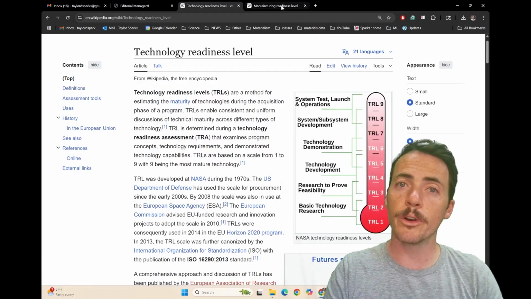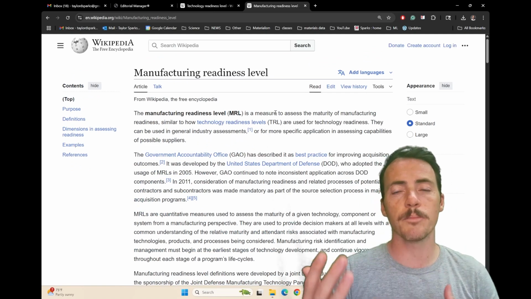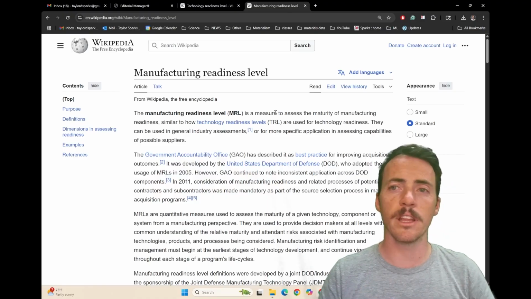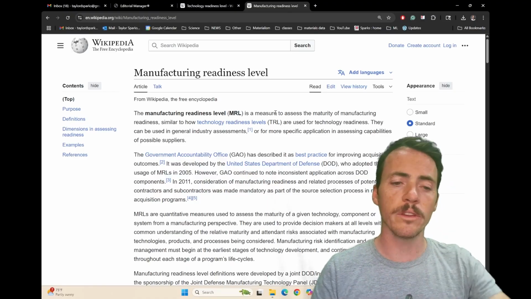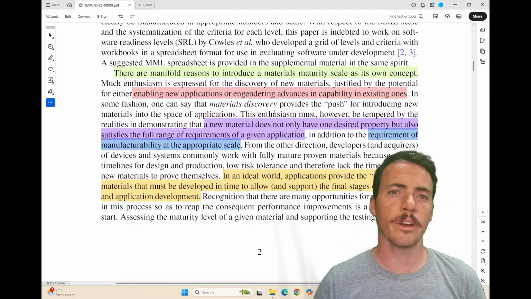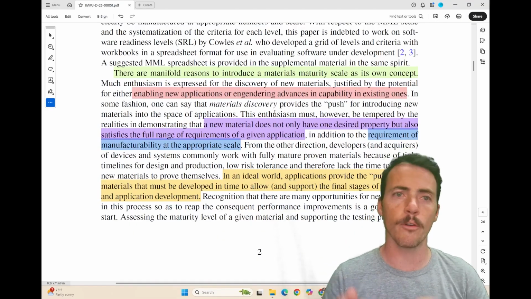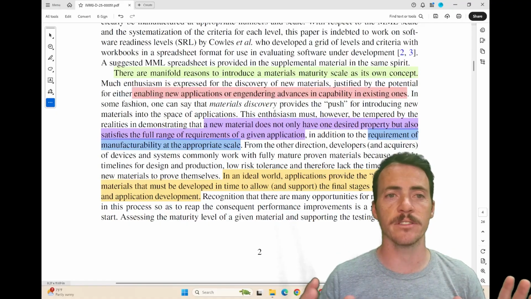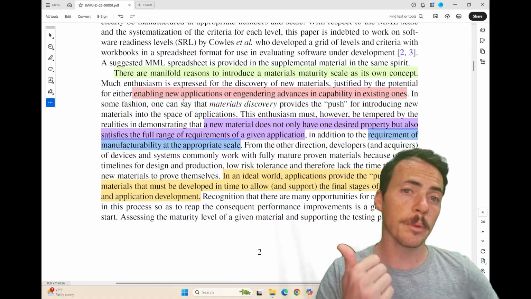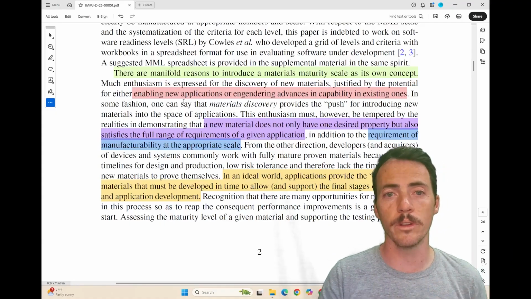And you've probably also heard of manufacturing readiness level, which basically tells you it's a similar process, but for how we manufacture things. Well, materials maturity level is sitting somewhere in between these two. The authors point out that there's a number of reasons why you'd want a specific materials maturity scale as its own concept, apart from the TRL and the MRLs, which are fantastic, right? First off, they point out that new materials often enable both new applications and engender new advances and capabilities in existing ones, right?